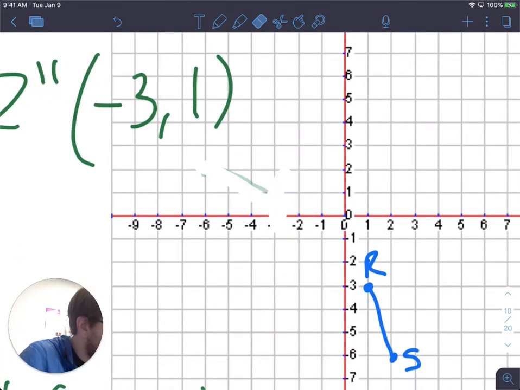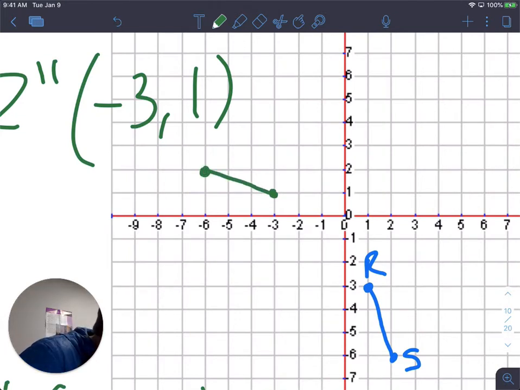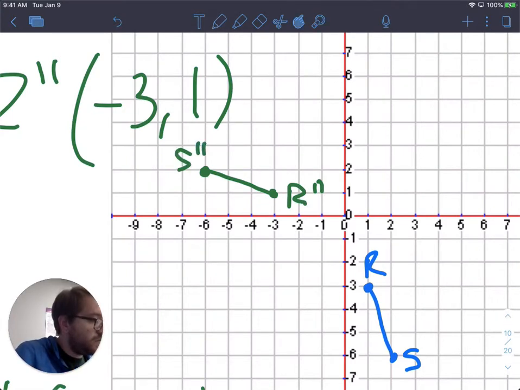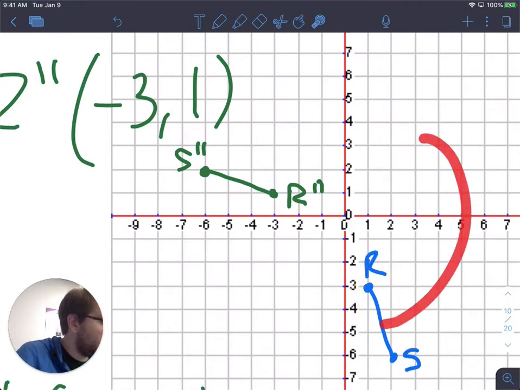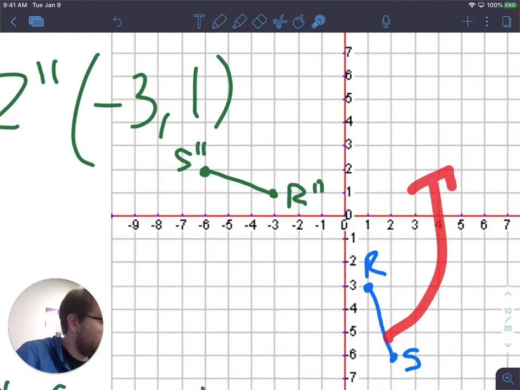So there's R double prime, and there's S double prime. So we've taken this original pre-image, we rotated it up here, and then it got reflected over here.